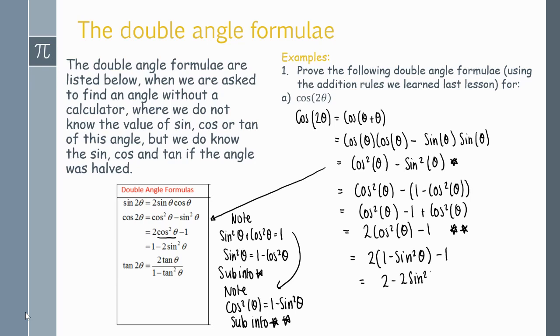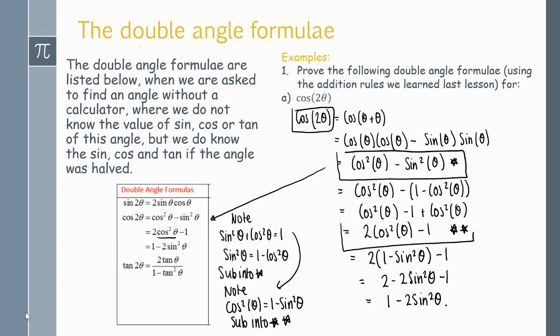If I have 2 cos squared theta minus 1, I'm going to sub in 1 minus sine squared theta everywhere I see a cos squared theta, and I'll get 2 times 1 minus sine squared theta, minus 1. Expanding and simplifying, I'll get 2 minus 2 sine squared theta minus 1. 2 minus 1 is just 1, so I'll be left with 1 minus 2 sine squared theta.